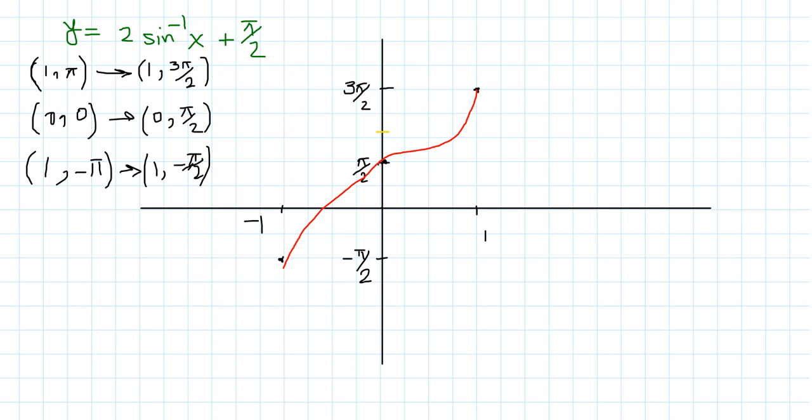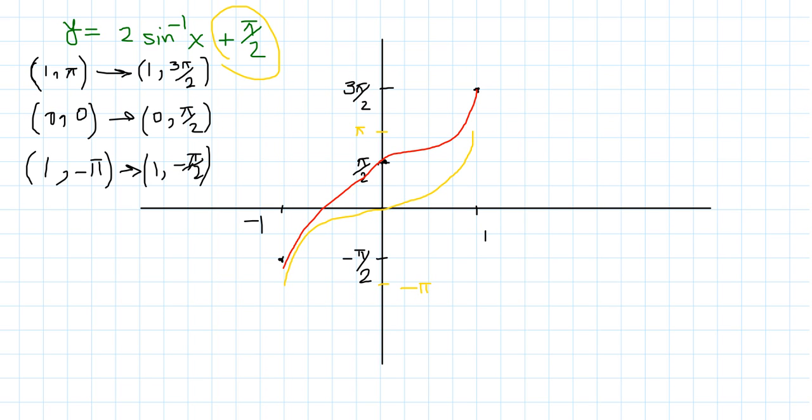To draw it, I have here pi, here minus pi, 1 and pi, 0 and 0, and minus 1 and minus pi. Now I only need to shift, because it said plus pi over 2, the y of every point.